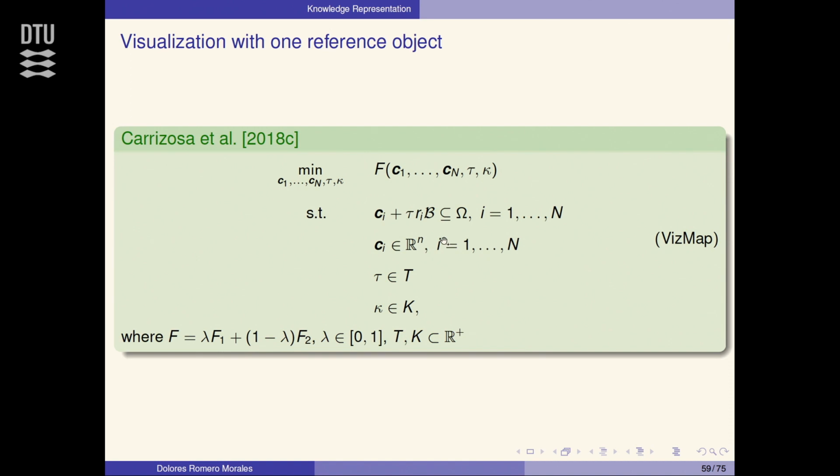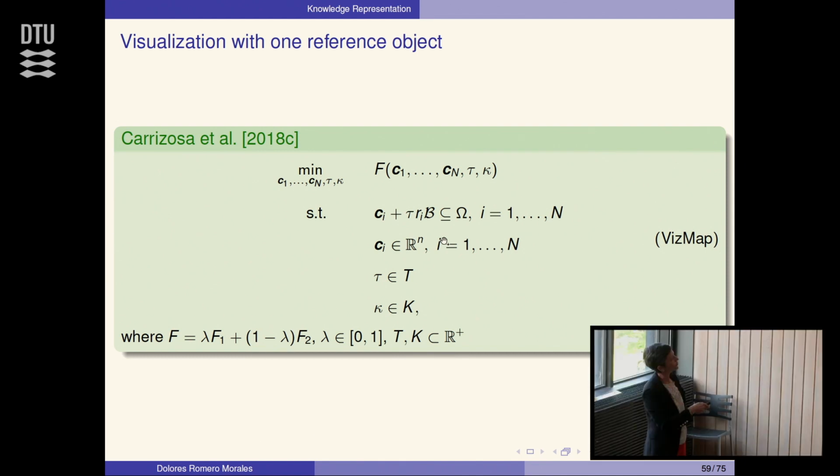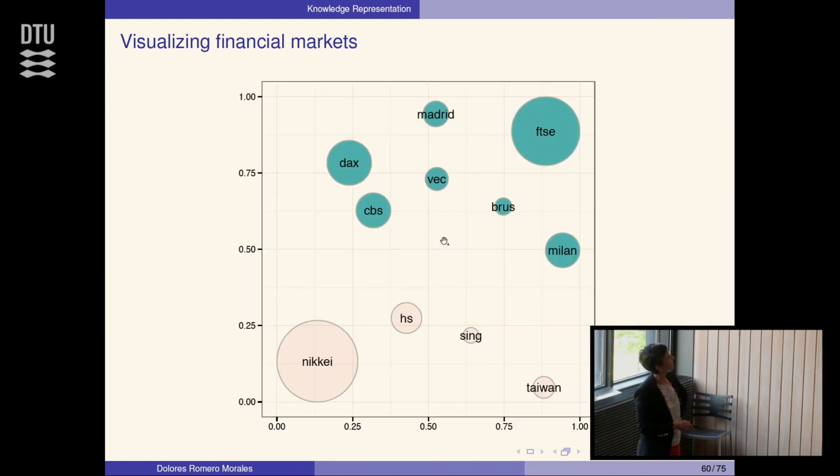We have constraints in the case of a circle that are quite easy to model, and also in the case of a square or a rectangle. And we have an objective function that is the main issue in our case, that has some distances, some norms, and then we have to use global optimization techniques.